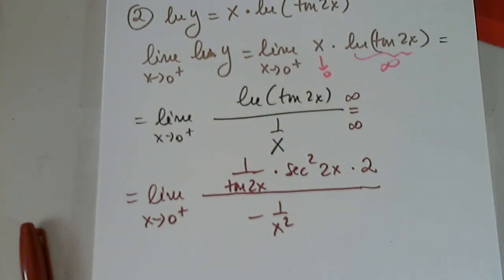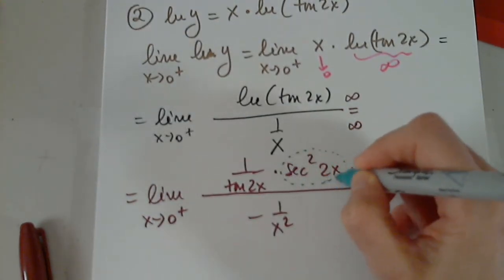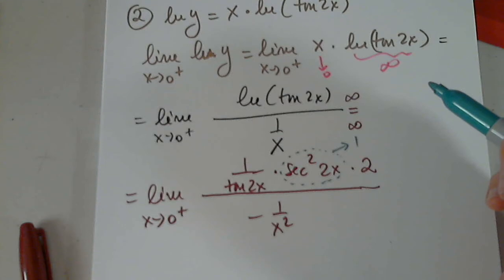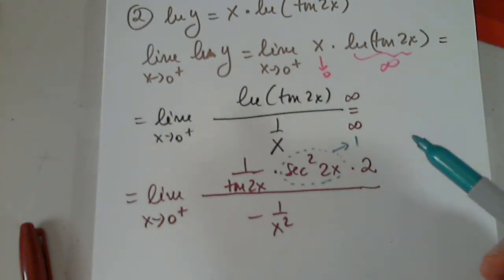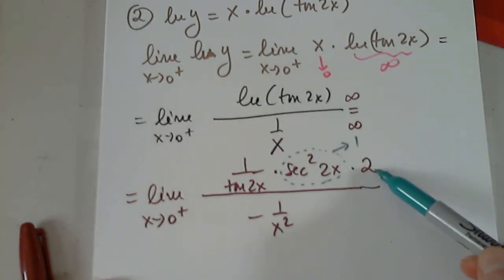Again, I have to try to manipulate all this and see what's going on here. I'm happy with this, because when x approaches 0, this approaches 1. I don't have any problem there. Right? So secant 0 is 1 over cosine 0, which is 1. So that's no threat.